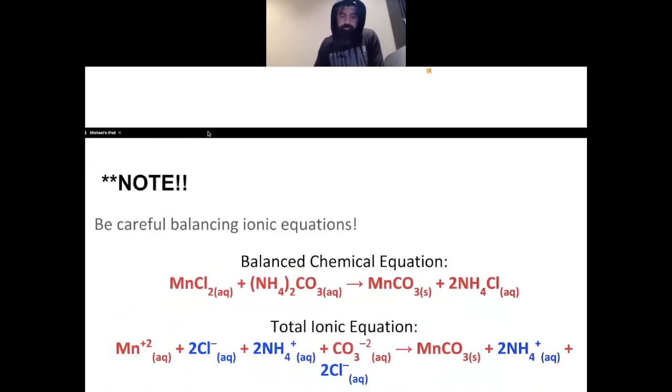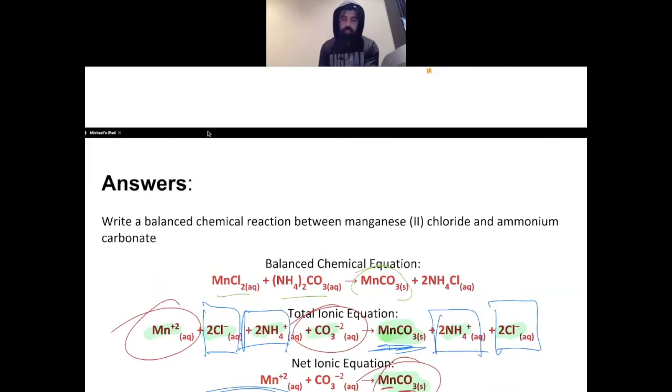So make note when you are balancing your ionic equations that the total ionic equation is everything, all the anions and cations. The net ionic equation is just the equation that looks at what forms the precipitate. So know the difference between the total ionic and the net ionic.